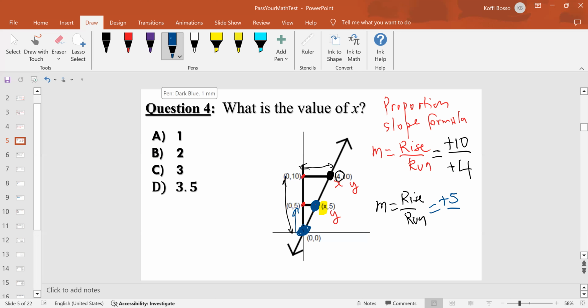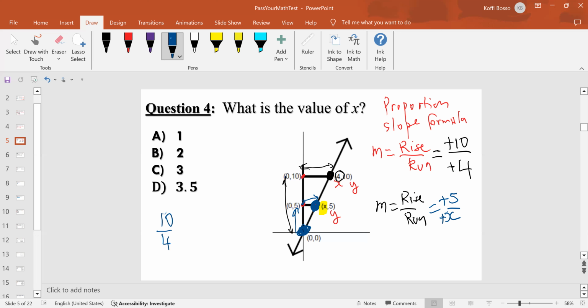And now I move horizontally, from the red point here to this blue point. It will be x, because I don't know that unit, but they represent it by x, and it has to be positive x.